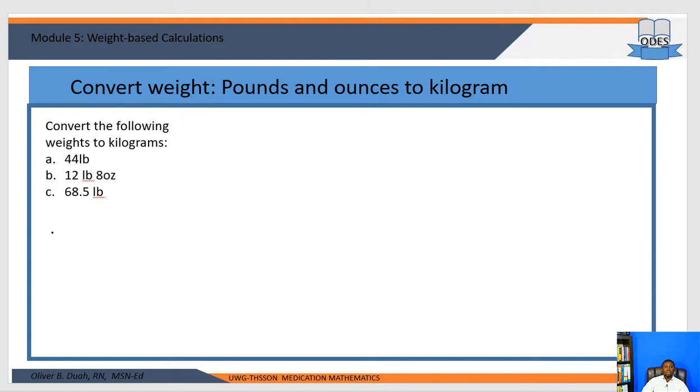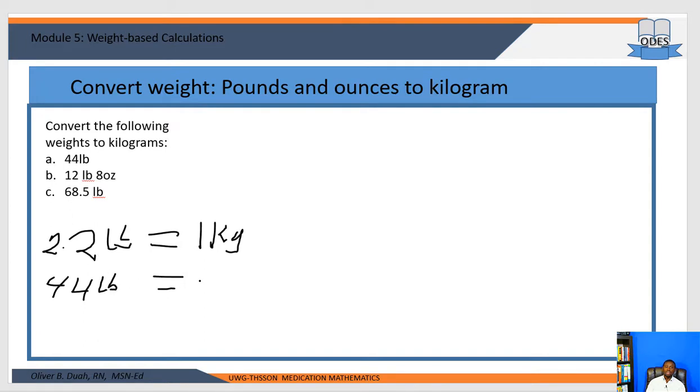So we know that for every 2.2 pounds that we have, we are going to get 1 kilogram, right? So what about if we have 44 pounds? What will be its equivalent in kilogram? That we don't know, so we will say X.